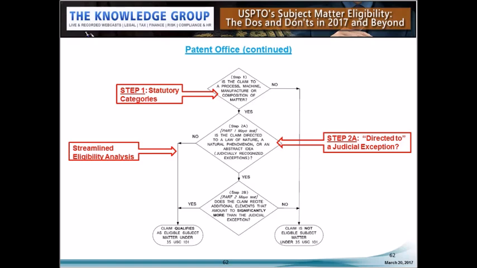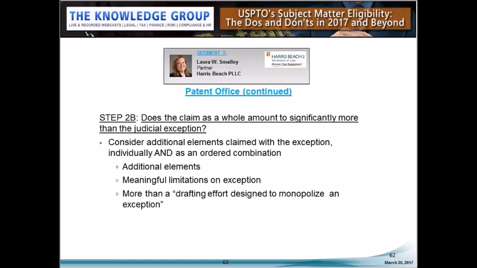The examiners are supposed to compare the claims to the ones addressed in the case law, and as Steve noted, this might be an area of attack in response to an office action if no explanation is found or if the facts of the case don't really match the claims. If you could go on to the next slide.